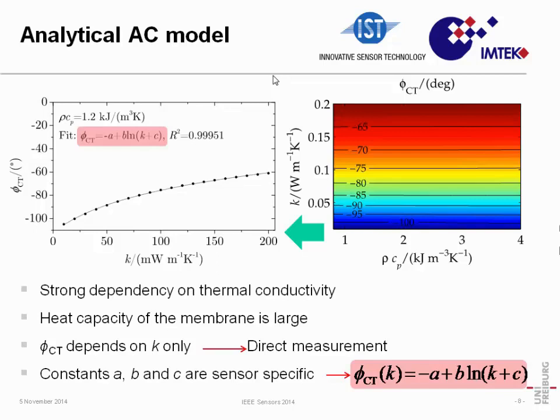We see that the relationship between the phase and the thermal conductivity can be fitted quite nicely by this equation. For this equation, the constants A, B, C will be just sensor dependent. They will require just a single calibration step, and then we'll be good to go to determine any thermal conductivity.